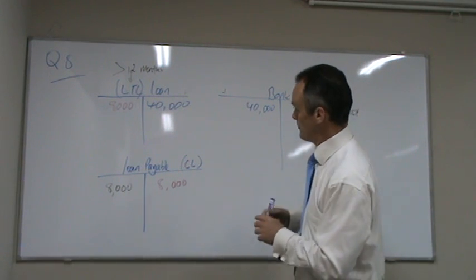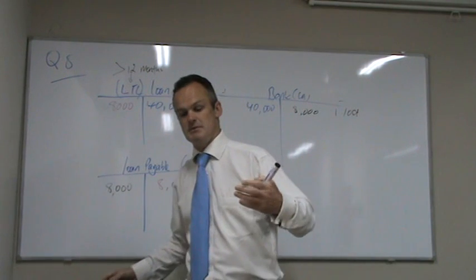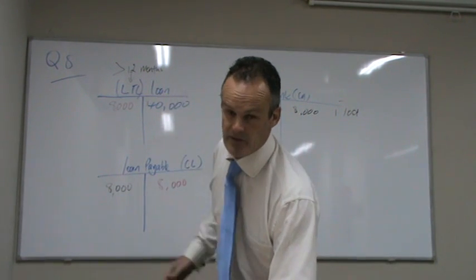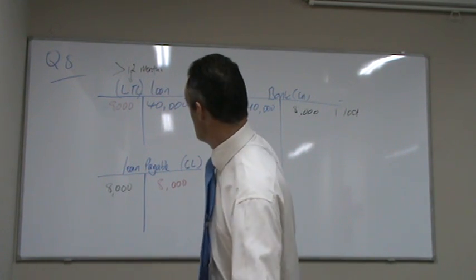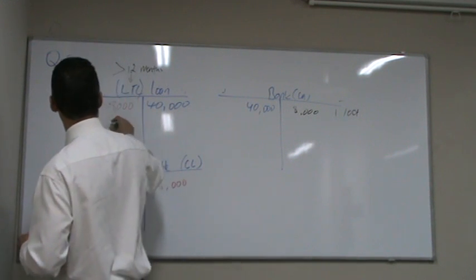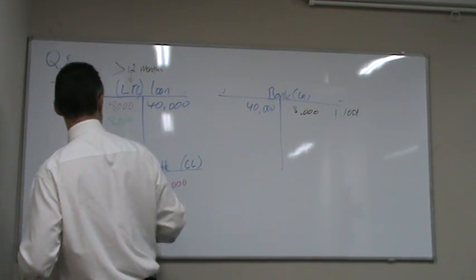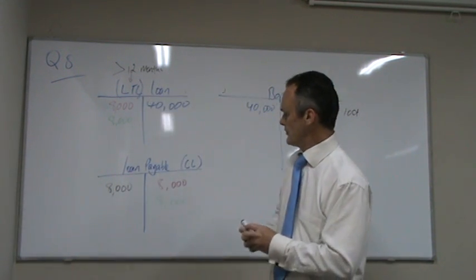As soon as this payment is made, the next payment is within 12 months. Anything that's within 12 months becomes current. So I'll try to come up with a different colour to make it clear. As soon as that payment is made, we put the money due here.